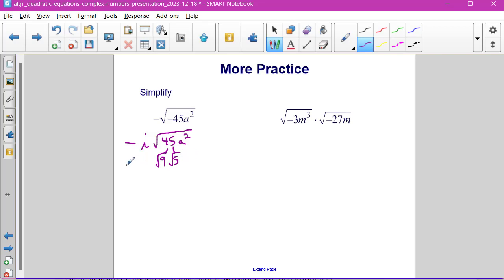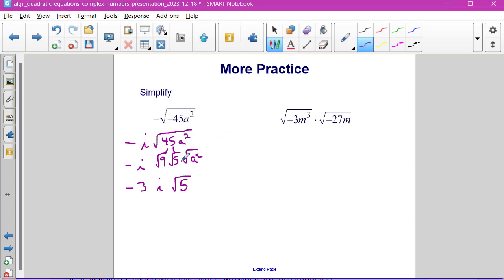We also have the negative i that we are going to bring down, and we have the square root of a squared remaining. When we square root 9, we will get 3. So we have negative 3. I'll put the i, I'll leave some space there. 5 is going to remain inside of the radical, and now the square root of a squared is a.